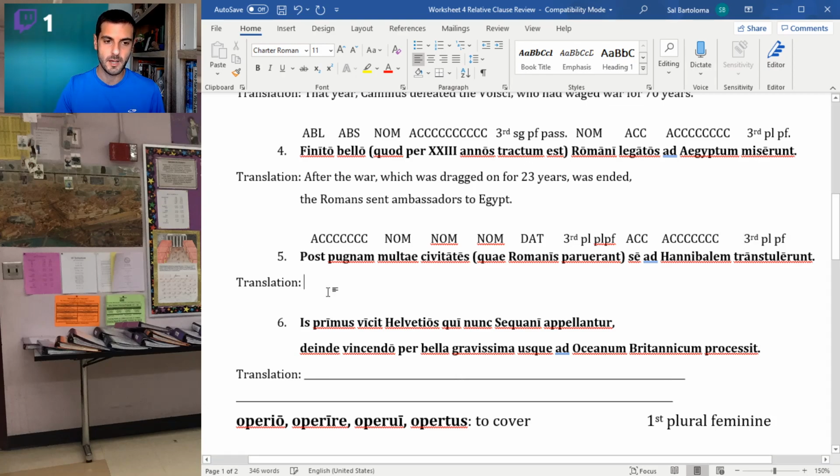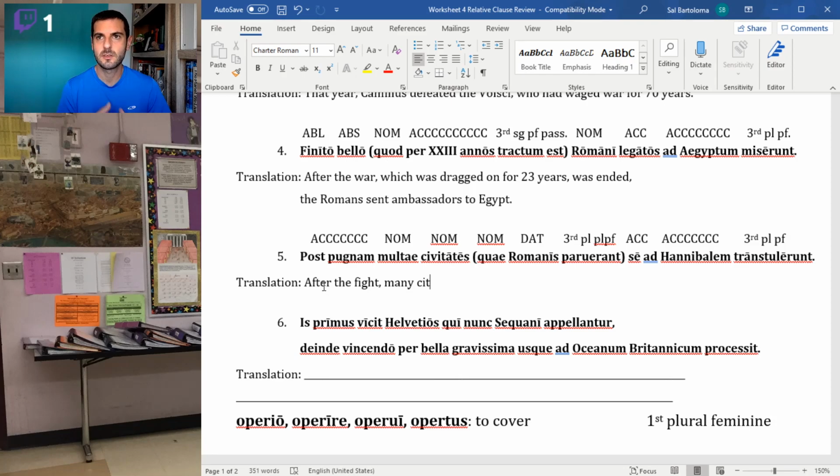So post pugnam, little prep phrase to start, after the fight, after the battle. Multae civitates, many citizenries, tribes, groups of people. Sometimes it's just used for cities, right? Many cities which had obeyed the Romans literally transferred themselves, and you think of this idea of loyalty.